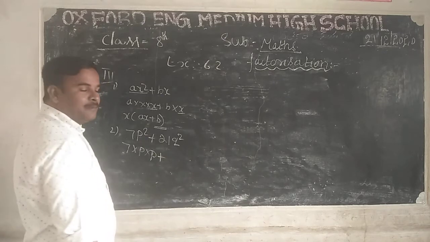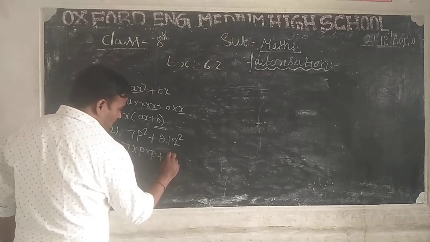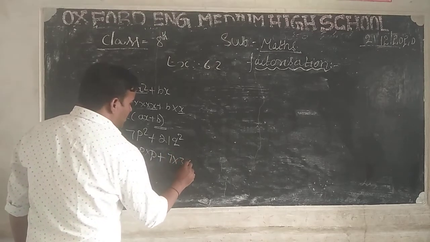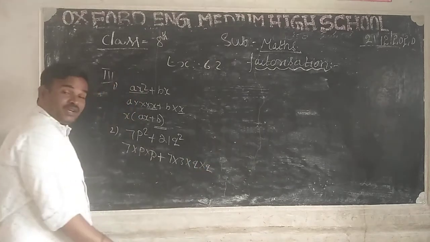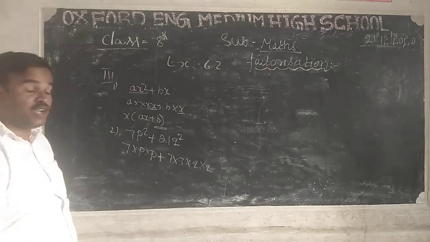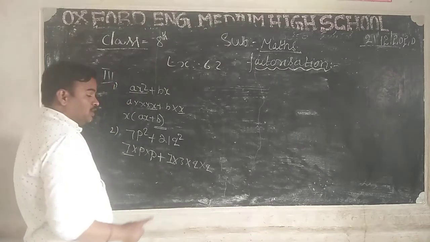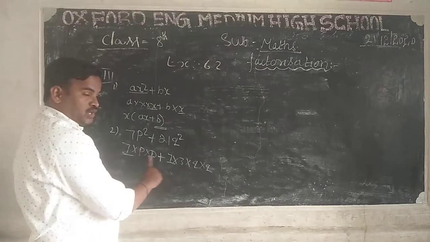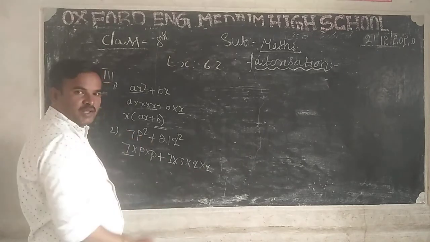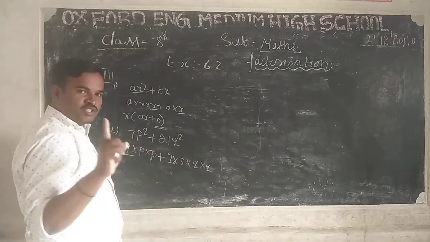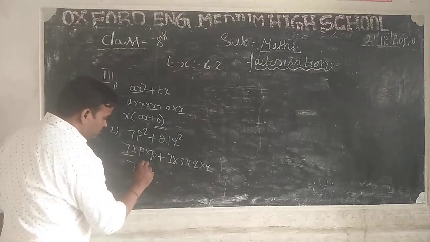What are the factors of 21? 7 and 3. So 7 into 3 into q square, meaning q into q. What is the common factor in both the two terms, dear students? See here, 7 is the common factor, right? 7 is common in both terms. The remaining is only p square here, only q square here, but here 3. Therefore the only common factor is 7. That 7 we take outside.